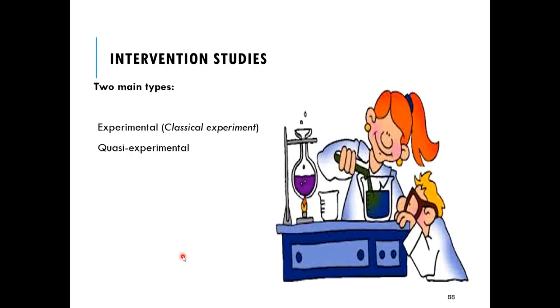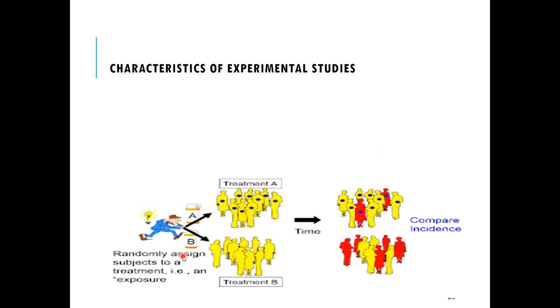In interventional studies, the researcher does an intervention to see the outcome. If it is done in two groups, it is known as classical experimental. If a single group is used, it is known as quasi experimental. What is done in experimental studies is, number one, the researcher does some intervention.